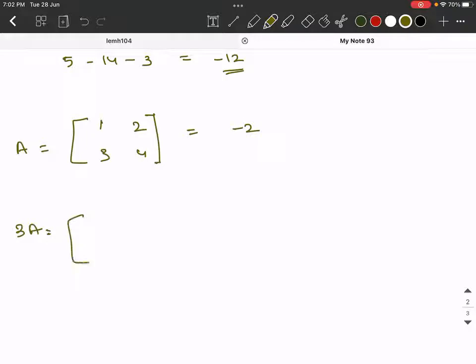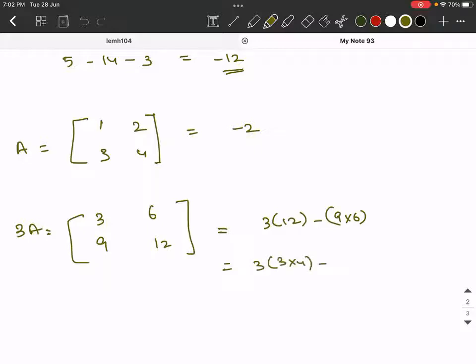The 3 will get multiplied with every element in the matrix. So 3, 6, 9 and 12. When you multiply this, what will I get? 3 into 12 minus 9 into 6. But most importantly, can I write this as 3 into 4 minus 3 into 3 into 3 into 2?